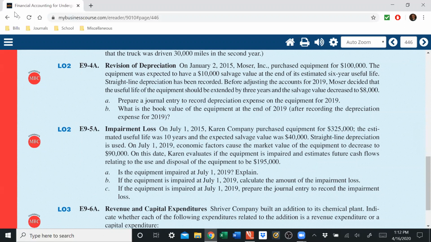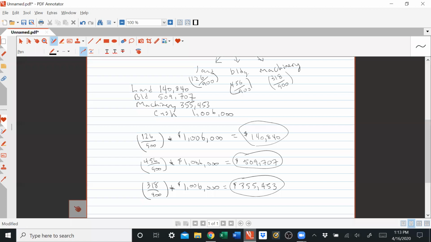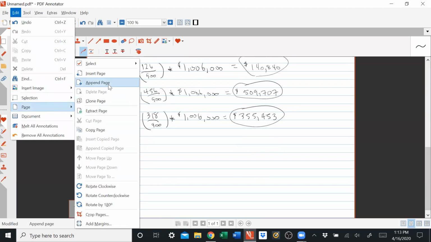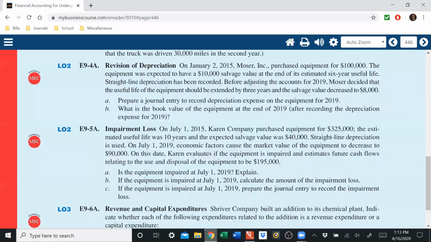So it says prepare a journal entry to record depreciation expense on the equipment for 2019. Well, let's do something that they don't ask us to do, just to help understand this question even more. So the first thing we'll do A and B, but let's do something else first.